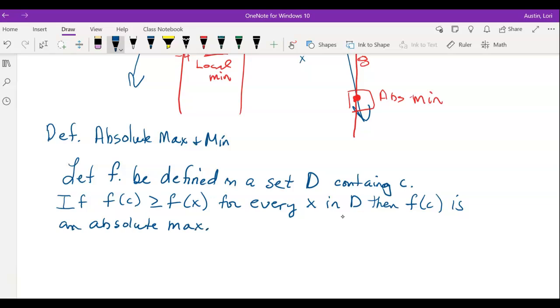Okay, and then obviously the other way around, right? Same idea. If f of C is less than f of x for every x in D, then f of C is your absolute minimum.